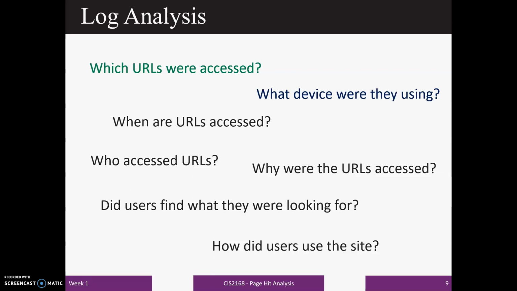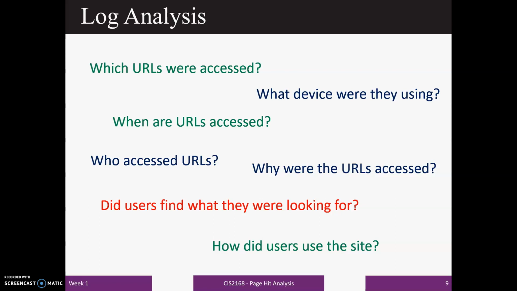Second question is what device the client is using, when were URLs accessed, who accessed the URL, why were the URLs accessed, which means what type of data item the client is searching for, then did the user find what they were looking for, and how did the user use the site. So if you want to perform some specific analysis, then you need to find the answers to these questions.